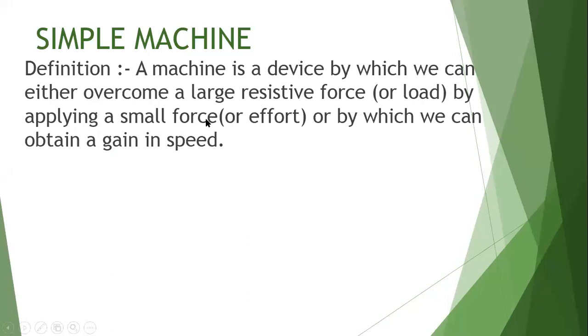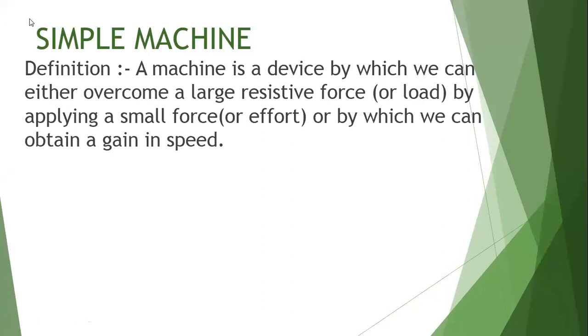So the definition is that a machine is a device by which you can fulfill this task. What is the task? That you can either overcome a large resistive force by applying a small force, or by which we can obtain a gain in speed as well as change the direction of force.